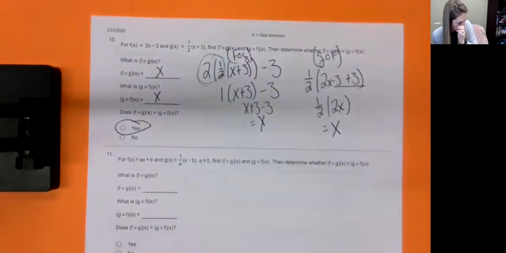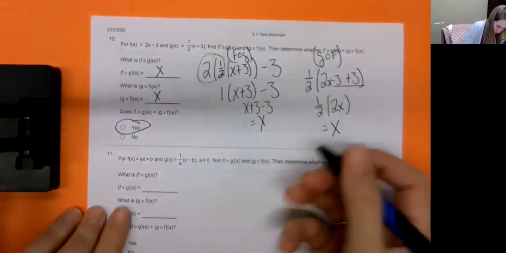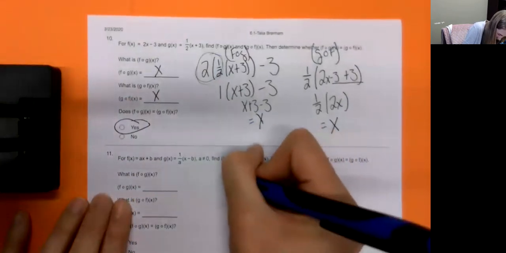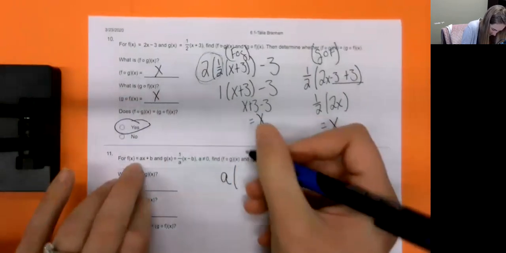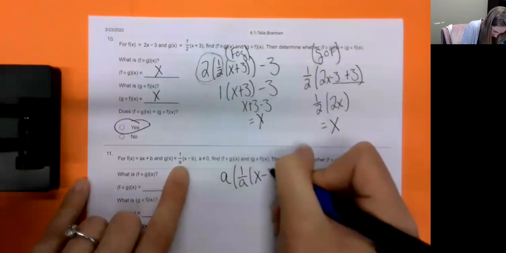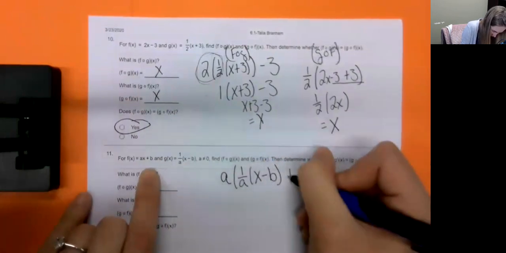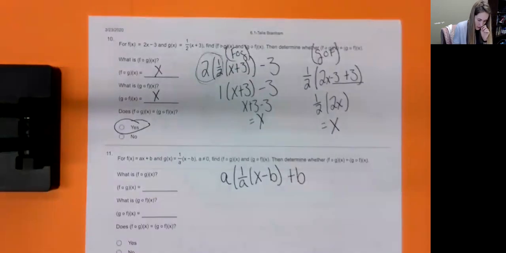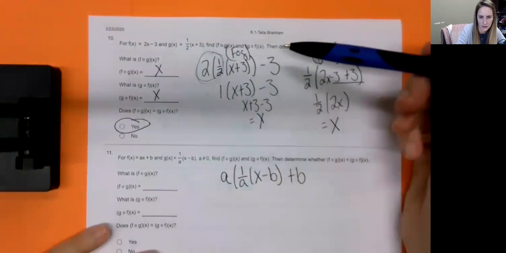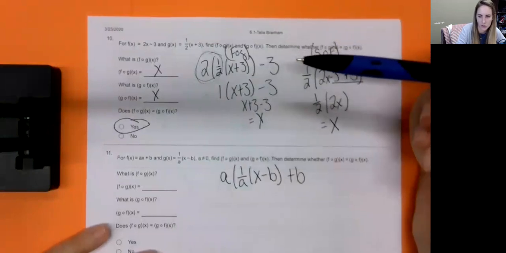This next one, they use no natural numbers. They use a and b instead, but treat them like natural numbers. So we have f of g of x. We're going to start with our f function, a, and then instead of x, we're going to substitute this equation. So 1 over a, x subtract b, plus b. If you notice, number 11 is just like 10, except there's no numbers.